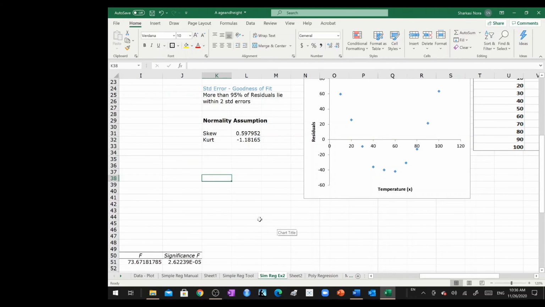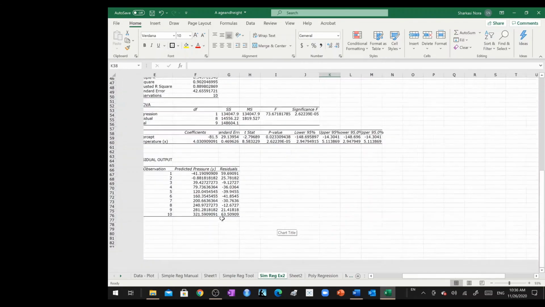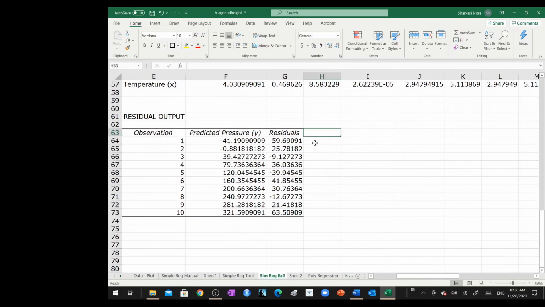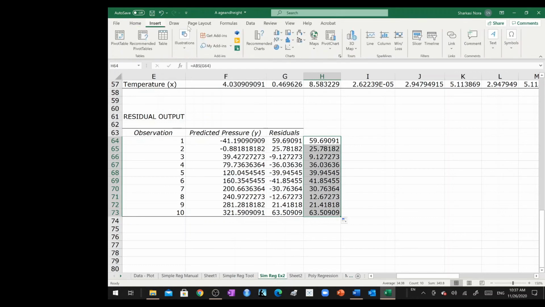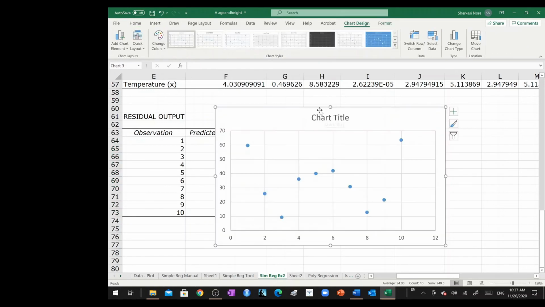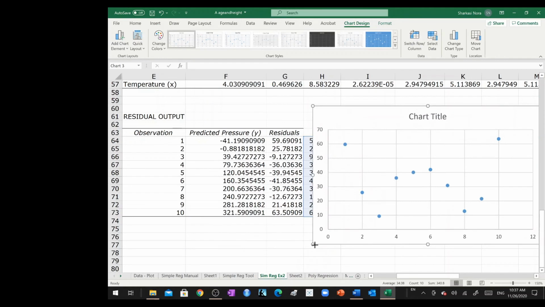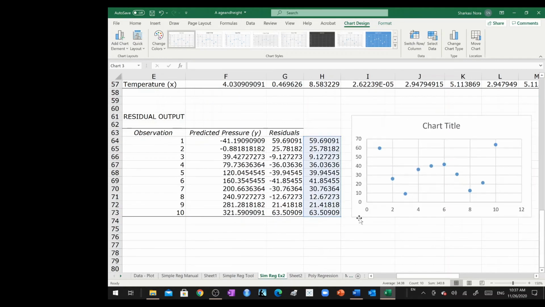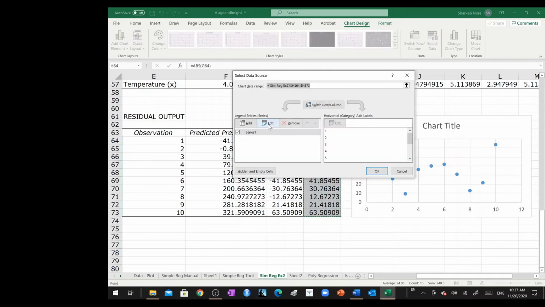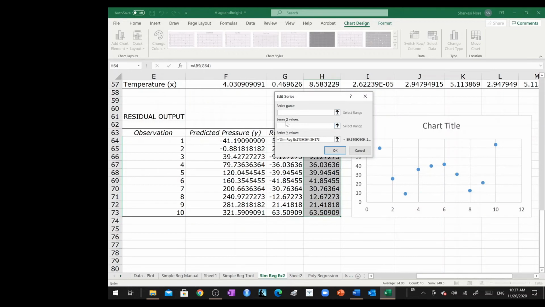All right, so for now, I'm going to plot the errors. For this purpose, we take the absolute errors. So here, for the residuals, I'm going to take the ABS of the residual. And then I'm going to plot that: insert, scatter plot. I'm going to make sure that the x-axis is actually the predicted values.